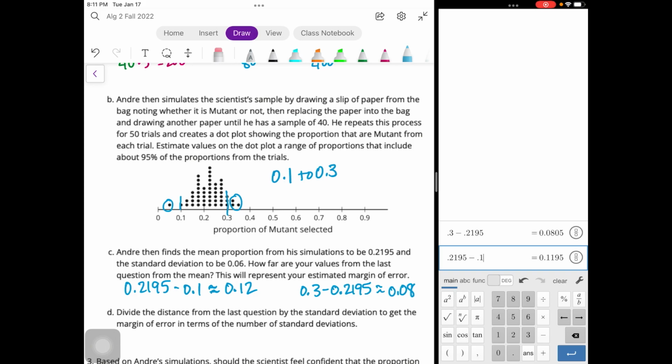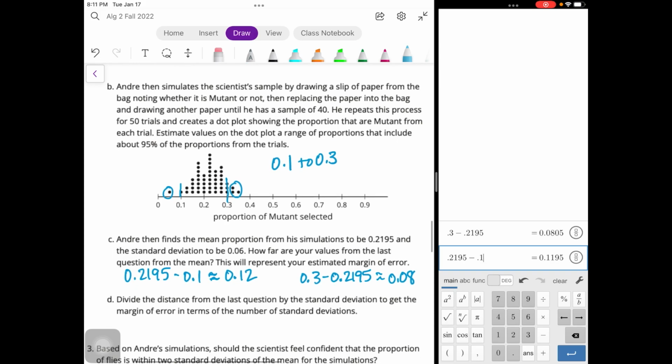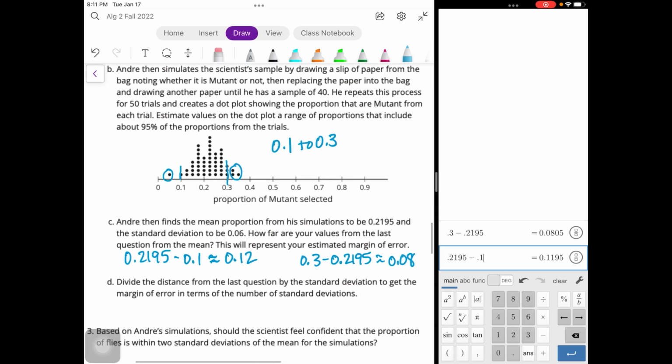Okay. All right, and then we're going to divide the distance from the last question by the standard deviation to get the margin of error in terms of the number of standard deviations. All right, so 2 standard deviations for this one, again, because that was 0.12 and the standard deviation was 0.06, and so that's 2 standard deviations.